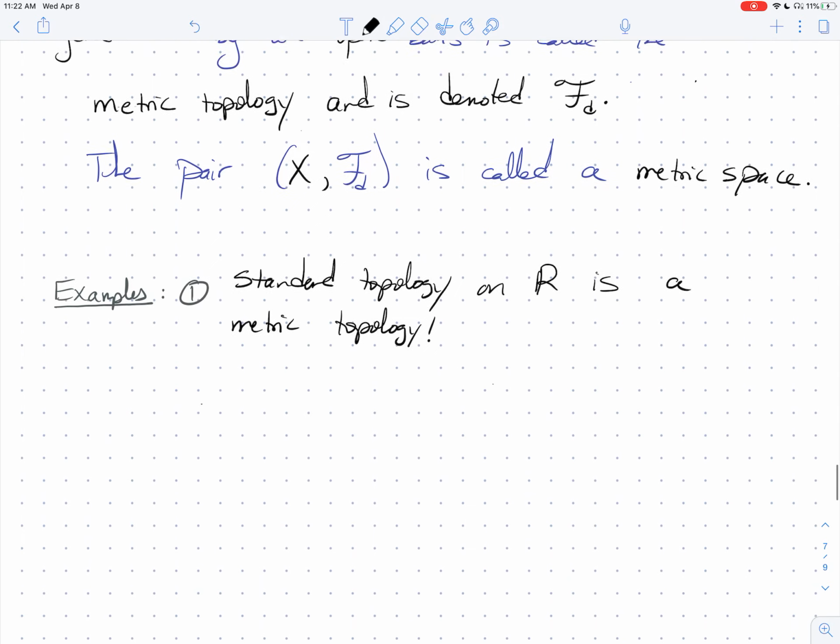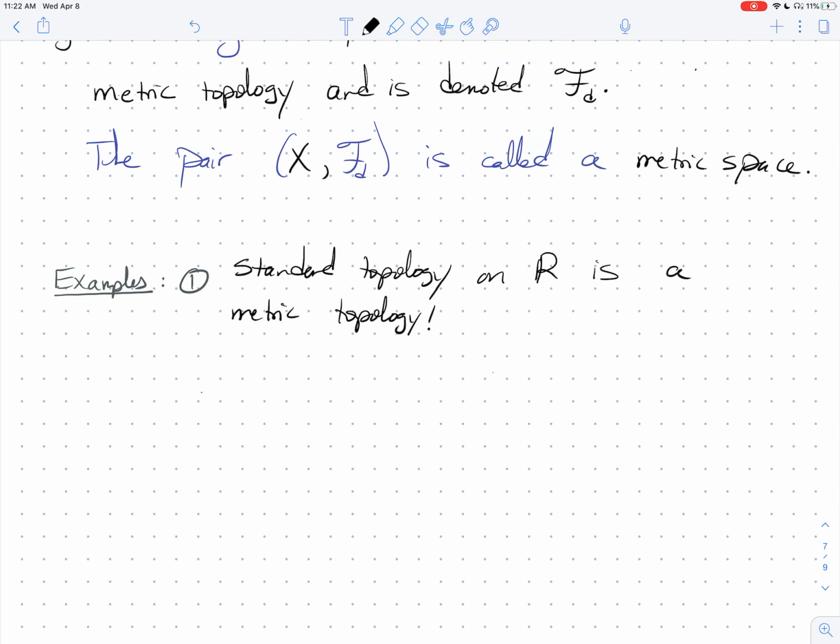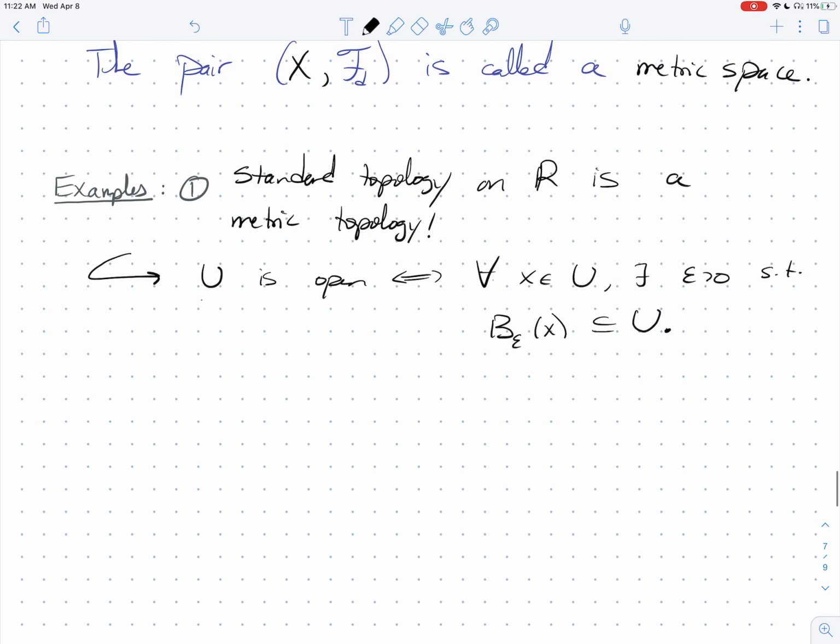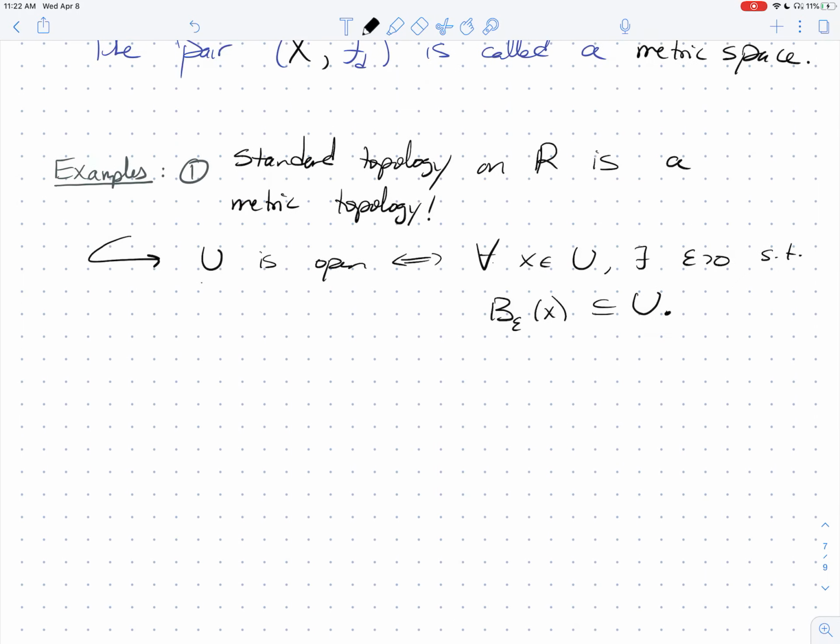The standard topology on R is indeed a metric topology. If you recall the standard topology, we said U is open if and only if for every x in U there exists an epsilon bigger than 0 such that the ball of radius epsilon around x is contained in U. That was our definition of the open sets.